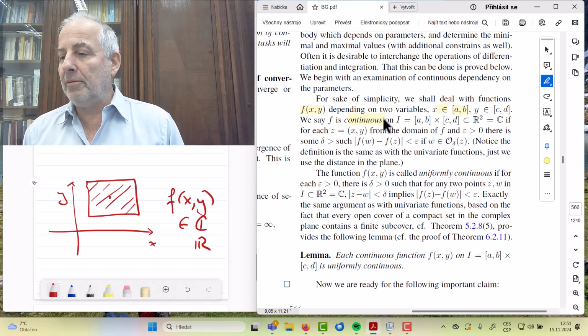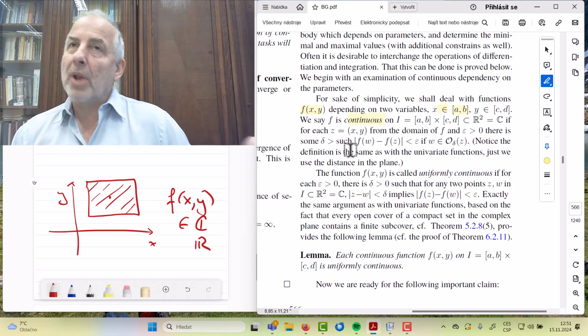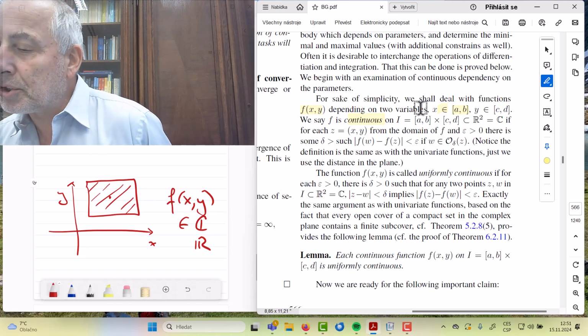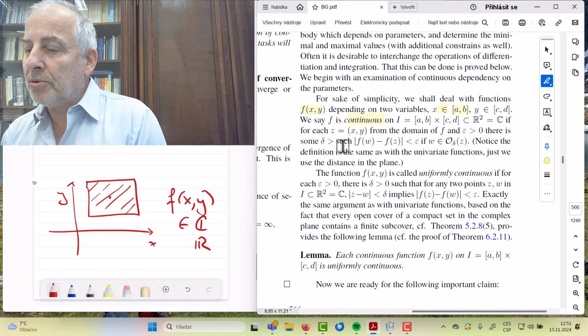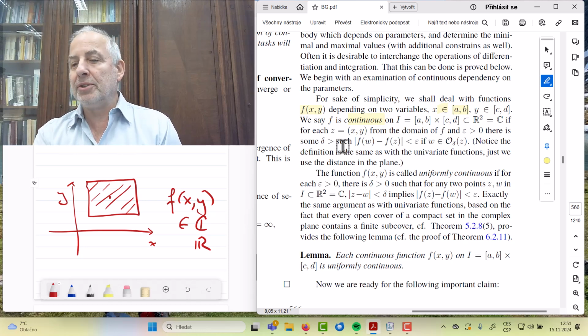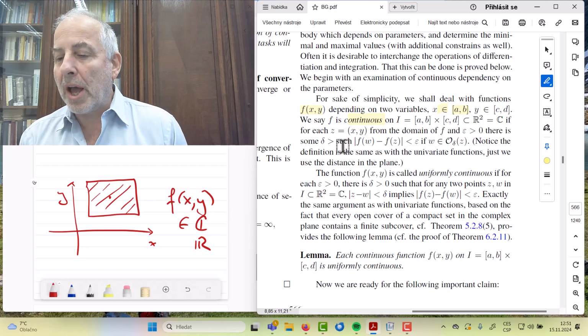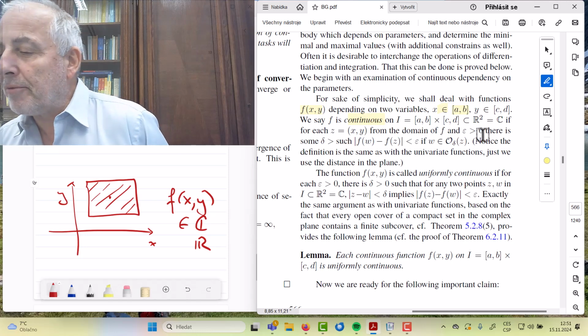Well, actually we saw this already, because f was continuous if the limit exists and is given by the functional value, and the limit is well defined for something which lives on a domain in C, and the plane is actually a C. But here you have it explicitly in the epsilons and delta.